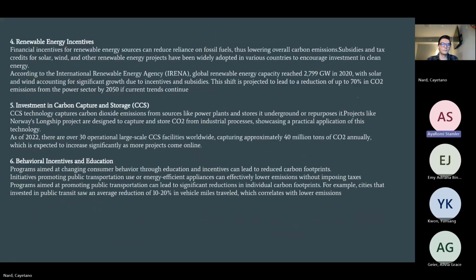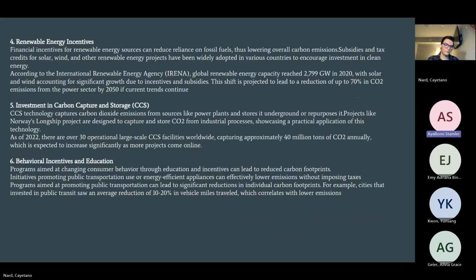And of course, another example is renewable energy initiatives. By providing financial incentives for renewable energy sources, we can reduce the reliance on fossil fuels, and by that we're lowering overall carbon emissions. If we subsidize and give tax credits for solar, wind, and other renewable energy projects, we can lower the emissions.